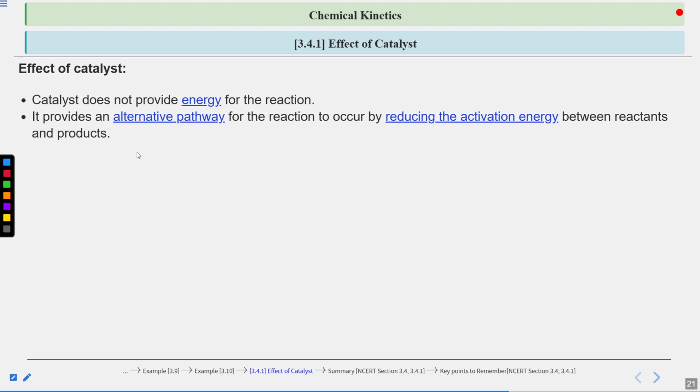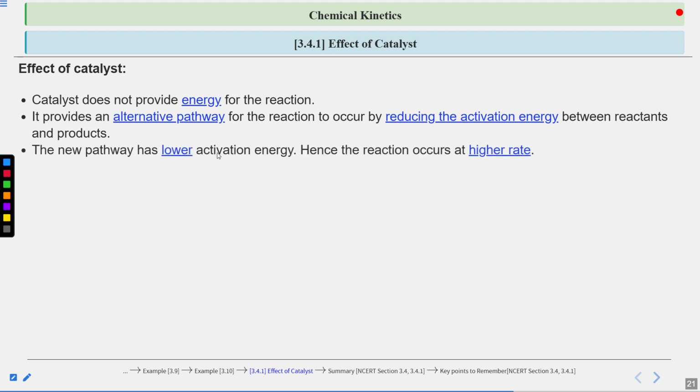It will not provide or affect any energy for the reaction. The new pathway has lower activation energy, and hence the reaction occurs at a higher rate.